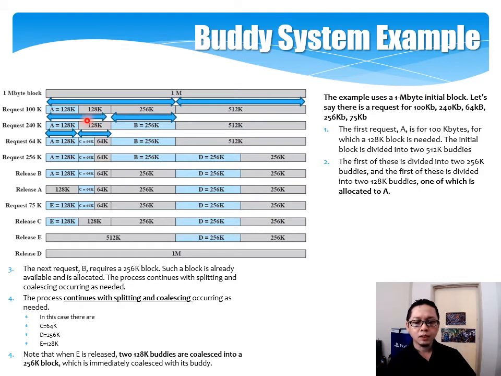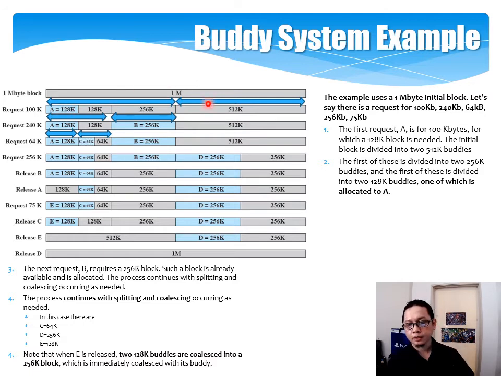Now this buddy is again divided into two, so you have 128K and 128K. So 128K of memory block is the closest that it can create to accommodate the 100 KB memory request. So process A, the first request of 100K, can be put into this memory block.